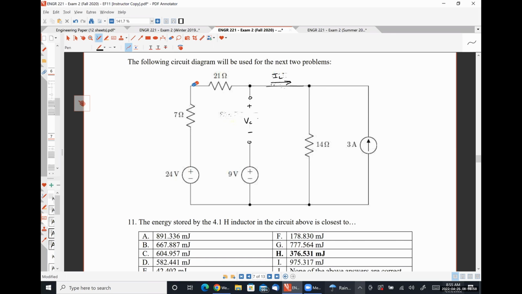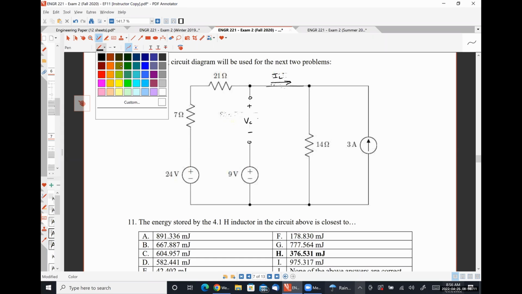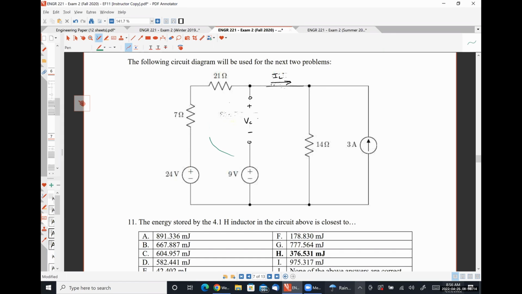So the question is, which would be better here, mesh or nodal? So if we did mesh analysis, let's draw this out real quick here. We have this one loop, all that IA. This second one here, IB, and we can see by inspection that IB is -3 amps. So we only have one unknown quantity to determine, that would be IA.